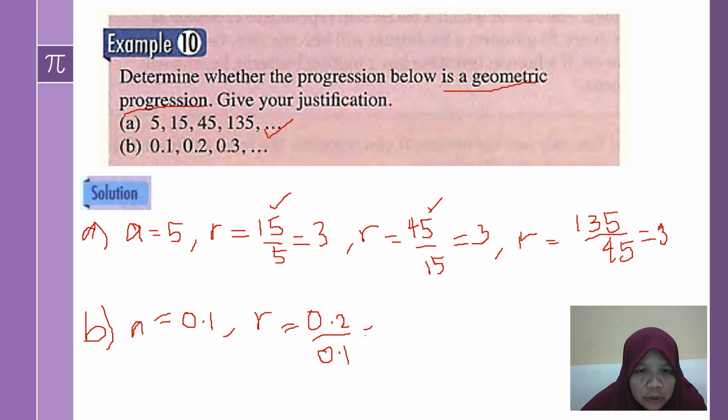Sorry, so r is 2. 0.2 divided by 0.1 is 2.